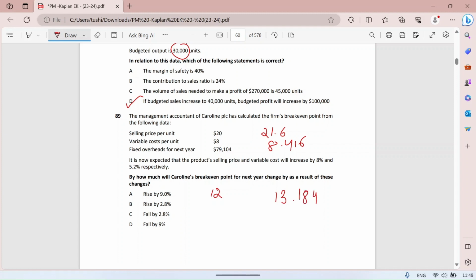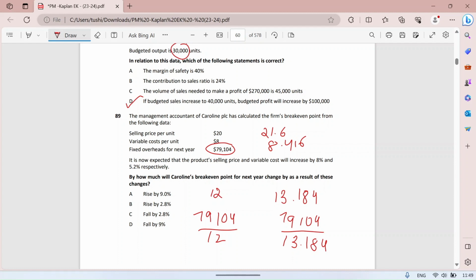So earlier your break even was, this is your fixed overheads, 79104 divided by 12, and now your break even is going to be 79104 divided by 13.184.